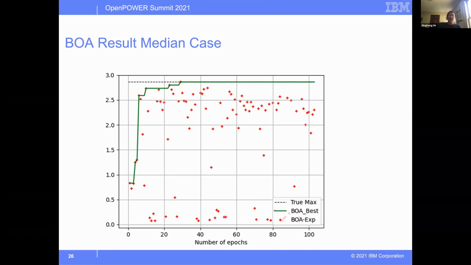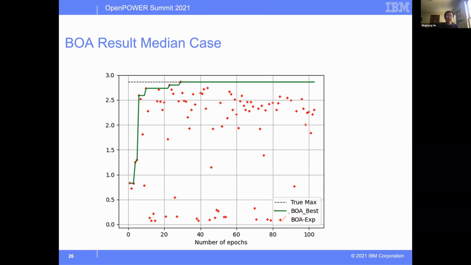So what's meaningful is to run it multiple times and get some statistical meaning. So in order to do that, I run this BOA job 200 times, and each time I set a different random number generation seed, so the initialization sequence is guaranteed to be different from run to run.